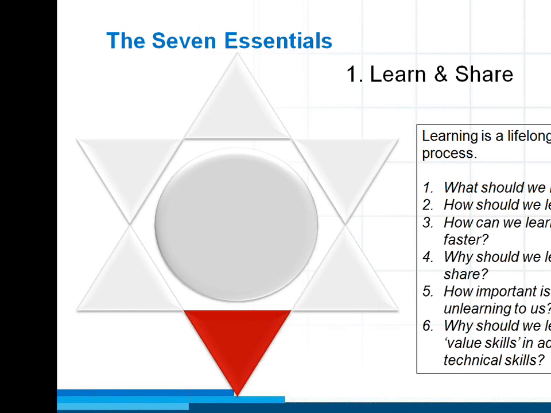We are in a situation in this industry where we cannot afford to attend training programs to learn each and everything that we need to learn. We must learn how to learn fast, very important.